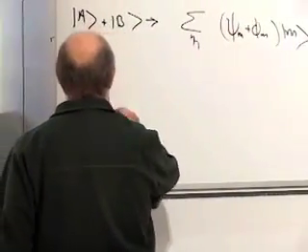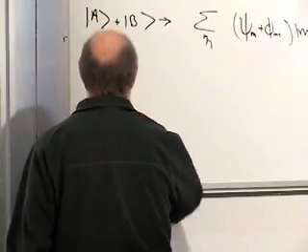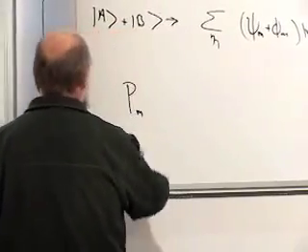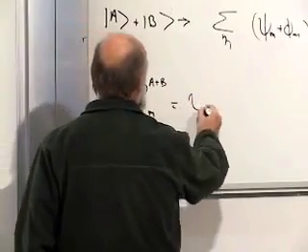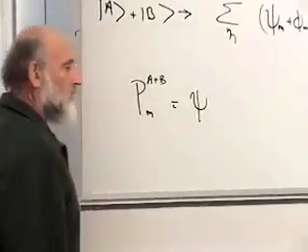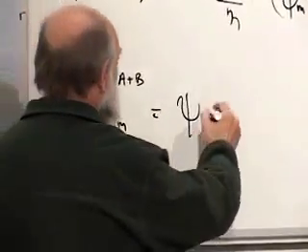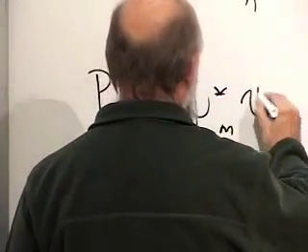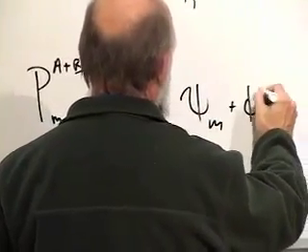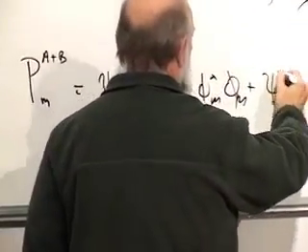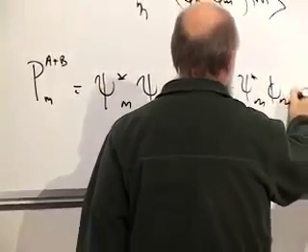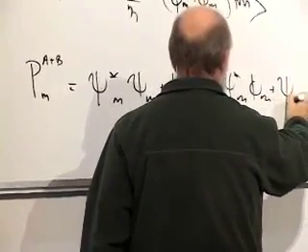And so the answer is Pm, the probability to get to m when both A and B are open, is, well, let's just square that out, which will give 4 terms: psi star m psi m plus phi star m phi m plus psi star m phi m plus psi m phi star m.